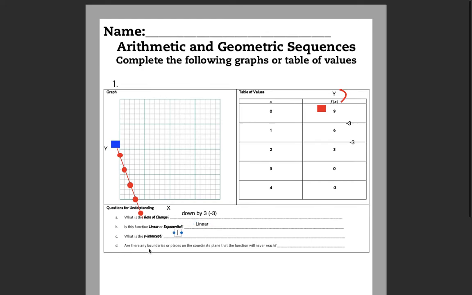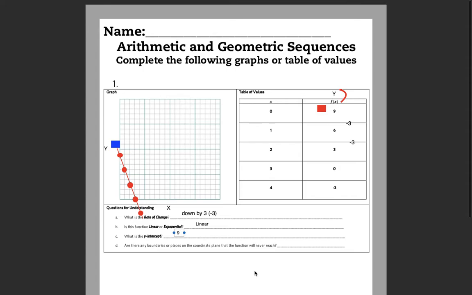Now the y-intercept. Where does this line cross the y-axis? There are two ways to find it. You can just look at your graph and see that it crosses the y-axis at 9. We went up 9 spaces and that's where it is.